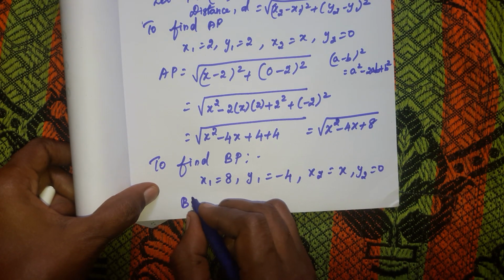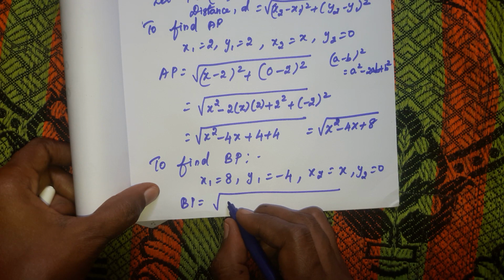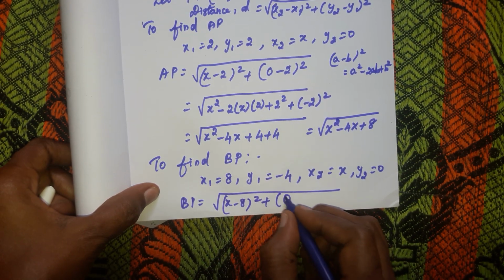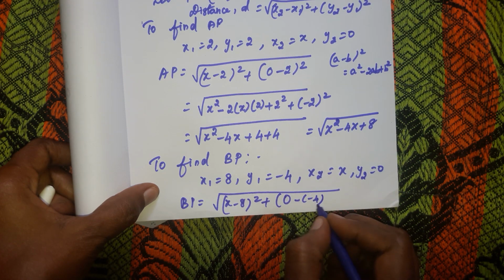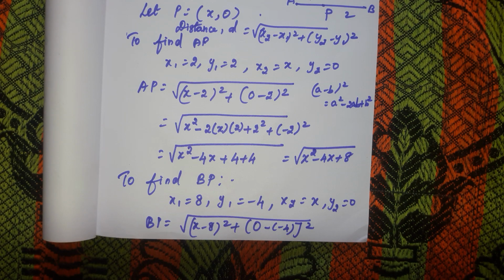Then BP is equal to root of x2 minus x1 the whole square, means x minus 8 the whole square, plus 0 minus of minus 4 the whole square.